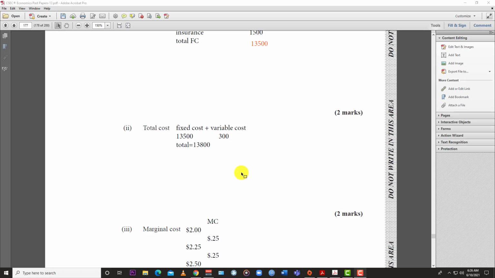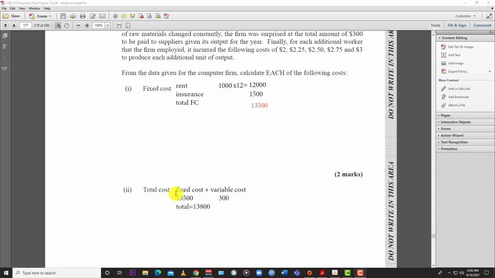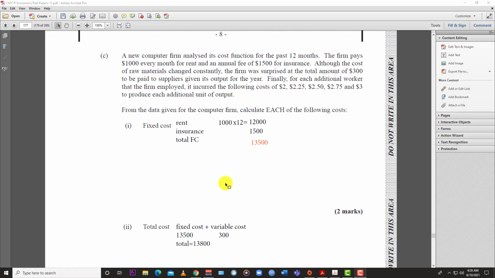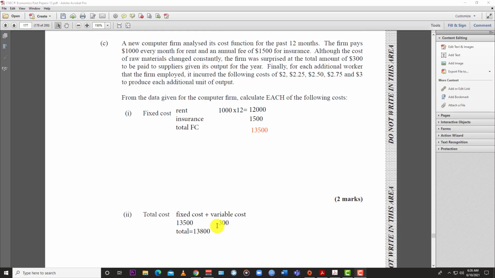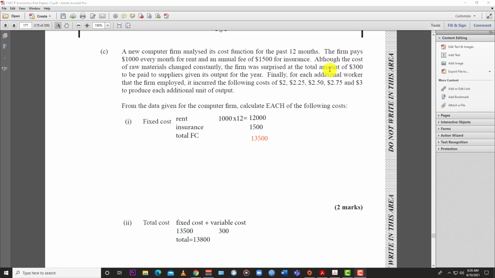Then we're coming on to the total cost. And total cost is fixed cost plus variable cost. And we already calculated our fixed cost up here. Now, what is our variable cost? Our variable costs are those costs that change based on the level of production. And so they have it right here. Although the cost of raw materials change constantly, see, it changes during production, the firm was surprised at a total of $300 to be paid to suppliers given its output for the year.